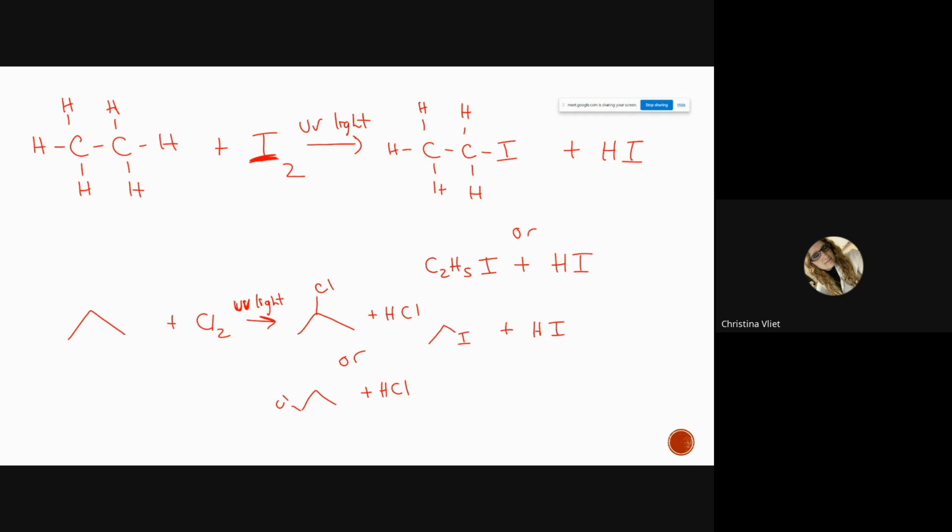All right, do you get the idea? So on Friday, quiz is going to be 10 questions off of the reaction today and the reactions on Wednesday. You're going to be given reactants and you're going to have to figure out products. Or you're going to be given reactants and products and you have to figure out conditions for the missing reagent. That's what the quiz is, just so you know, as we're moving forward.